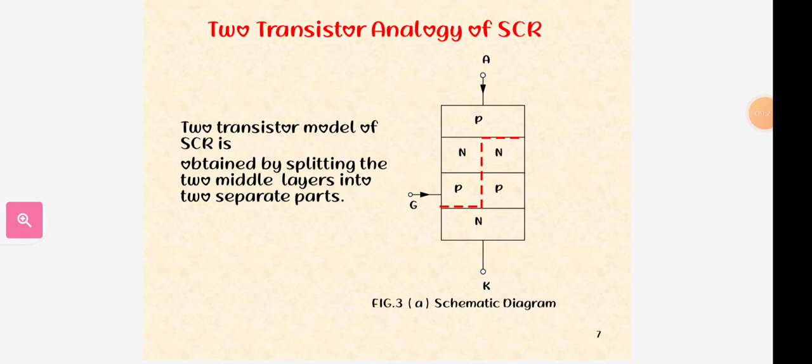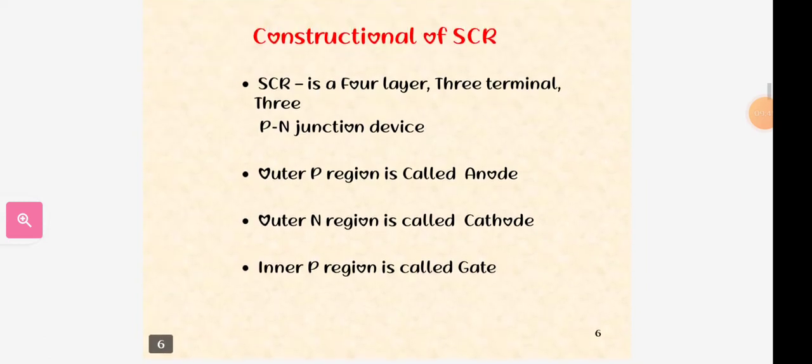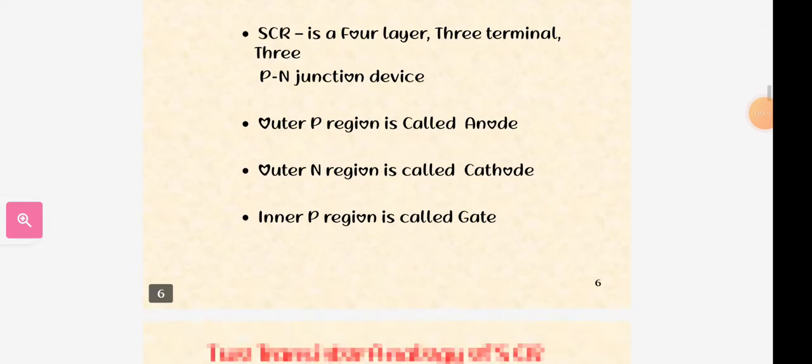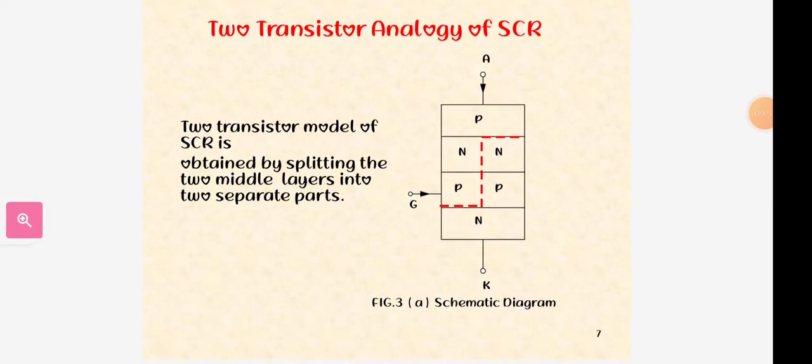The junctions J1, J2 and J2, J3 can be considered as a PNP and an NPN transistor respectively.